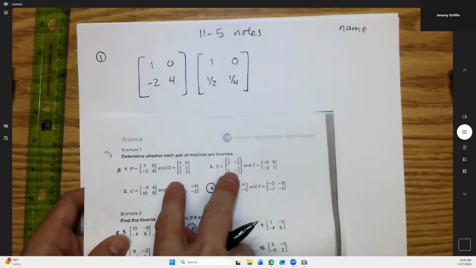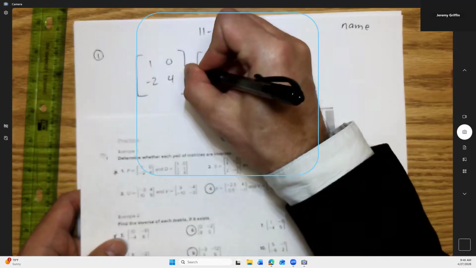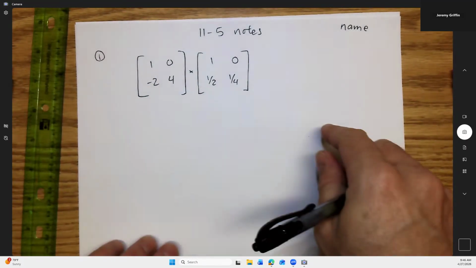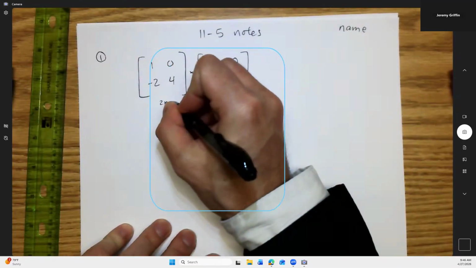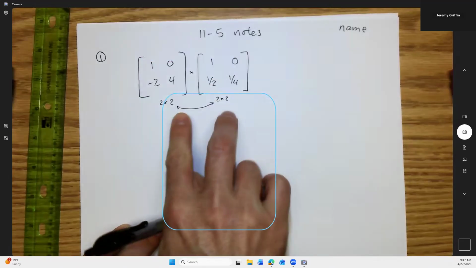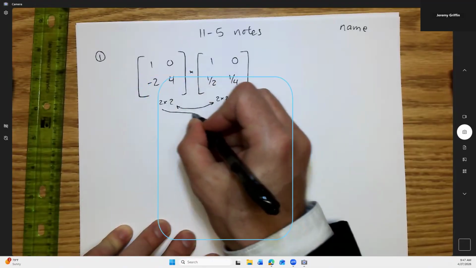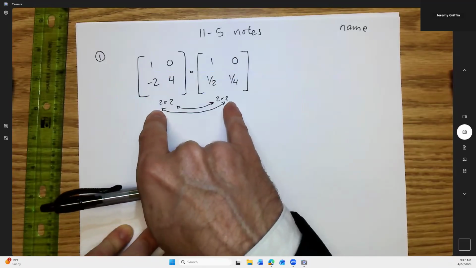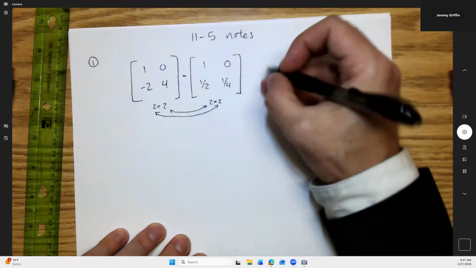Now, one way to determine if 2 matrices are inverses of each other is I can simply multiply them together. And if I get the identity matrix 1, 0, 0, 1, then that means they would have been inverses. Okay. So I have a 2 by 2 matrix here and a 2 by 2 matrix here. These 2's, remember, the fact that these inside 2's match means that you can multiply it. And the product matrix is going to be the outside dimensions, which is also 2 by 2.